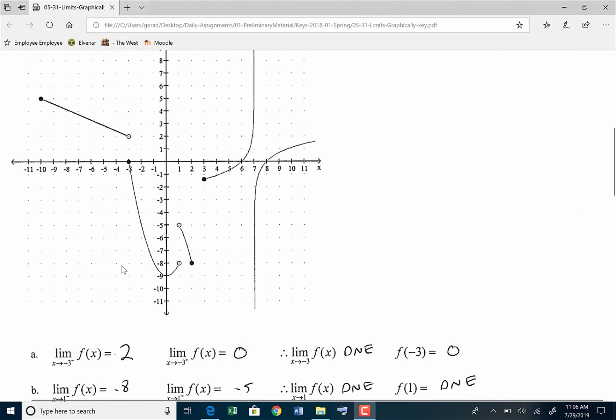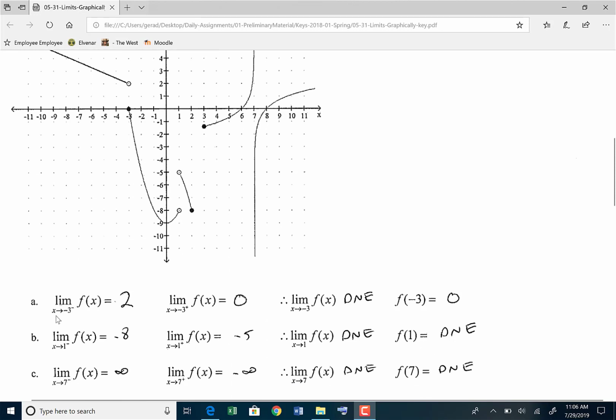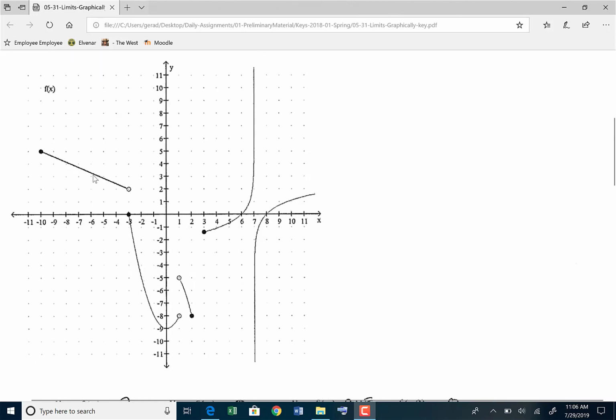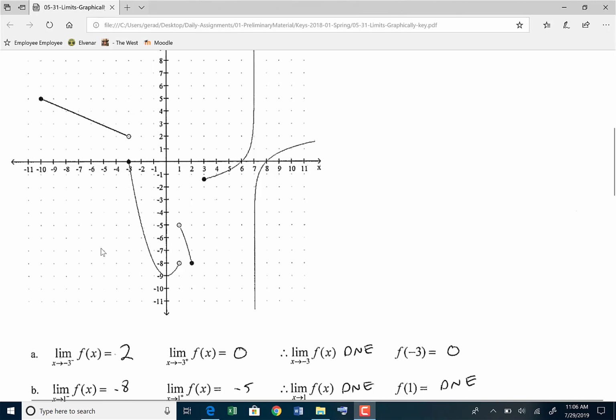So our first one, we're going to deal with the x value of negative 3. That's the part A. So from the left of negative 3, we can see the graph is approaching the y value of 2. And it doesn't matter, there's an open dot there, not for our purposes. The graph from the right, so x going to negative 3 from the right, is a different y value.